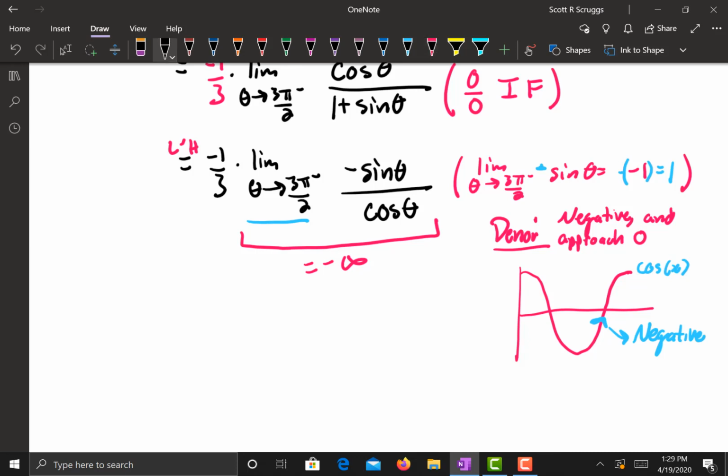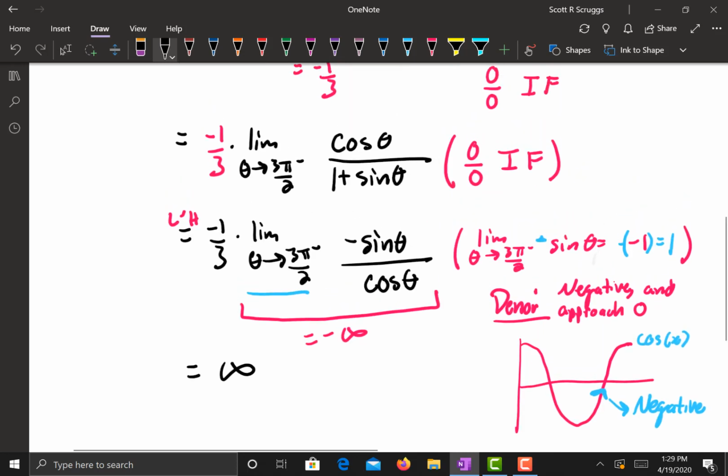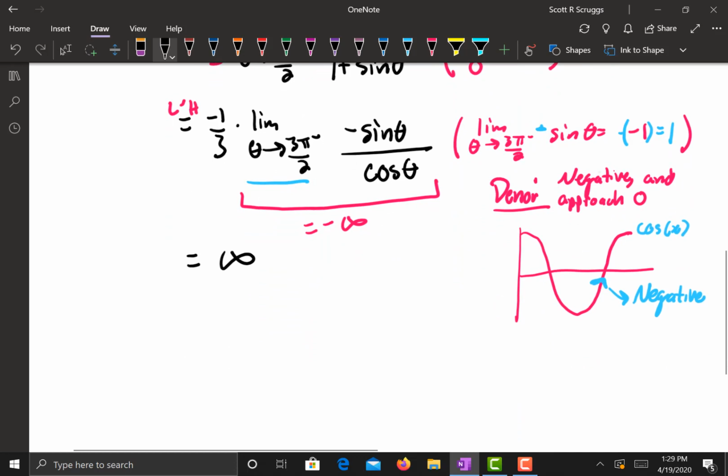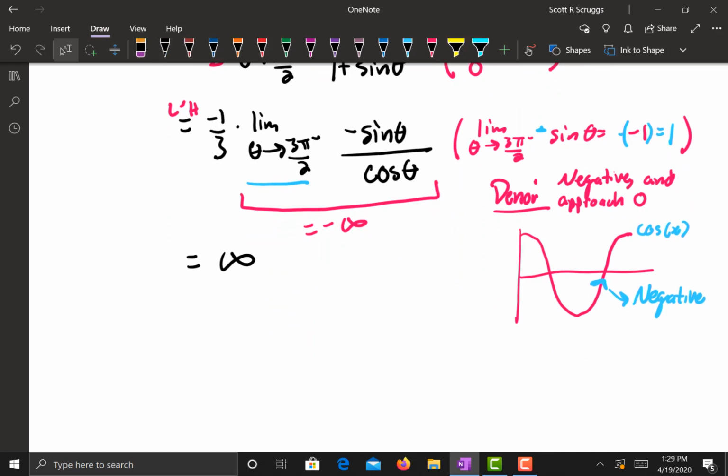Thanks to that -1/3 up front being multiplied, my final limit will be positive infinity. And so because my left-sided limit equals infinity, in my definition, I have a vertical tangent point here.